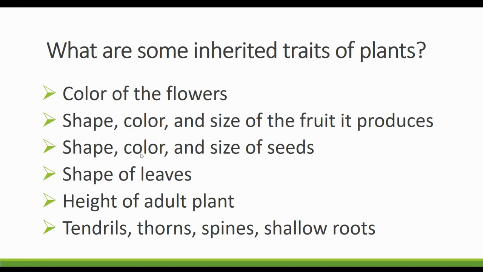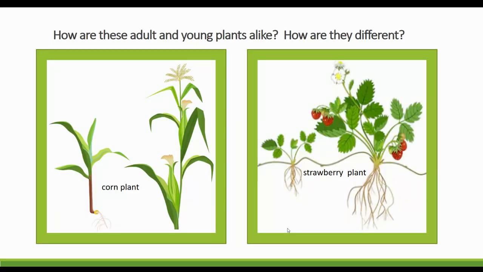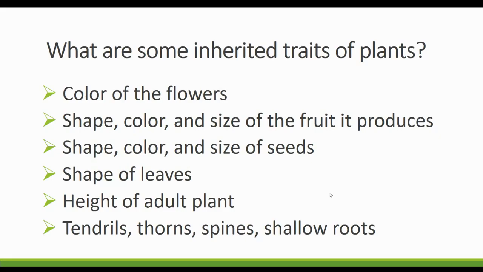The shape, the color, and the size of seeds is also inherited. The shape of the leaves is inherited. The height of the adult plant is inherited. Tendrils, thorns, spines, and shallow roots. So again, these were really good examples showing you that the size, the color, the roots, the color of the flower, the color of the leaf, the size of the leaf, they're all going to be inherited and they stay the same from the young to the adult.